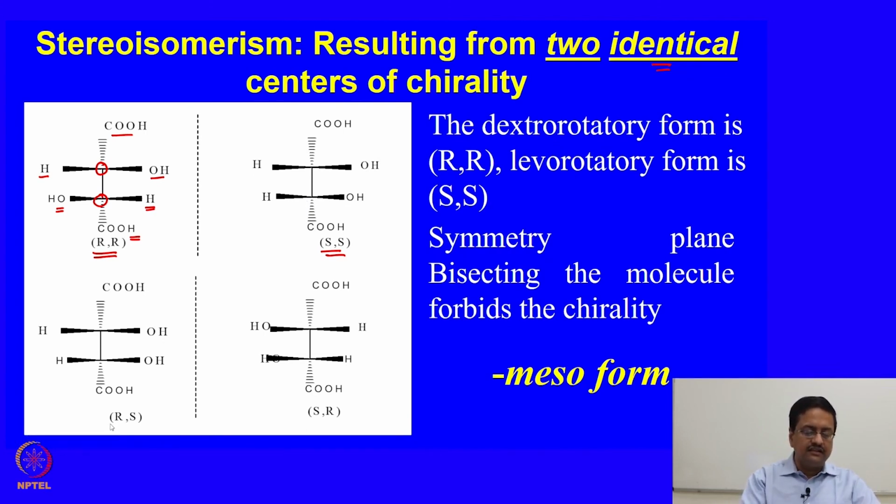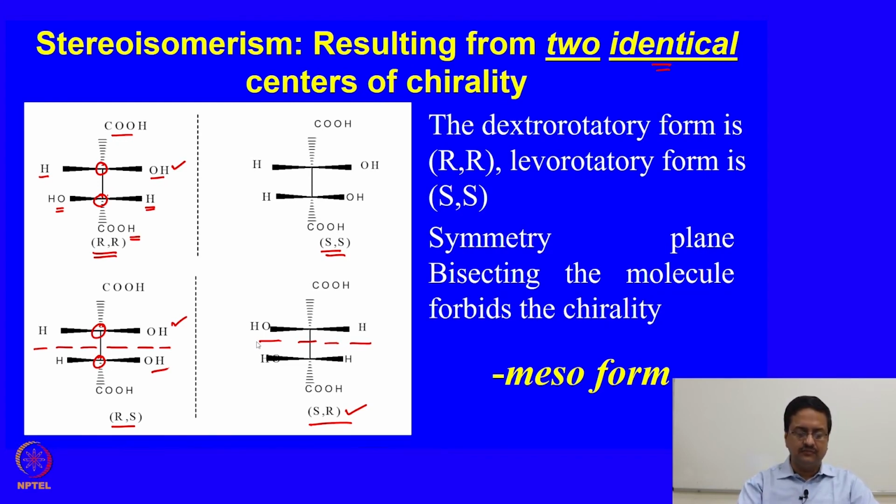Whereas in the other possibility, we keep this group the same, we change the second one and make it this one. The corresponding mirror image of RS becomes SR. But what we see here is that there is a mirror plane in these molecules. So these two molecules are not different.